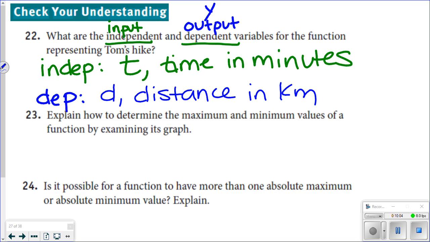My distance from start, the beginning of the trail where I left my car, depends on how long I've been hiking. Your dependent always depends on the time. Time is independent because you could choose to hike for 15 minutes, 62 minutes, 125 minutes. You get to choose how long. So that would be independent.